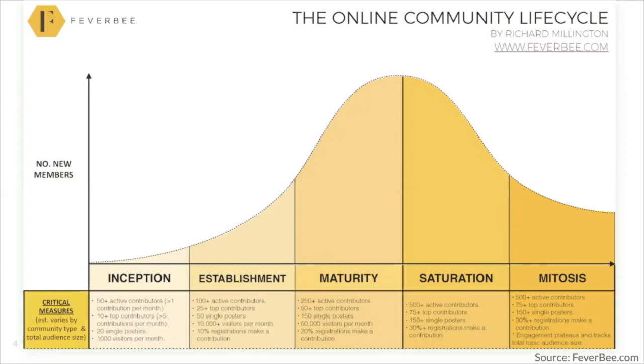But in each one of these stages, you would need to track different activities. So for example, in this particular example, Richard is talking about number of active contributors which are posting more than one content per month.